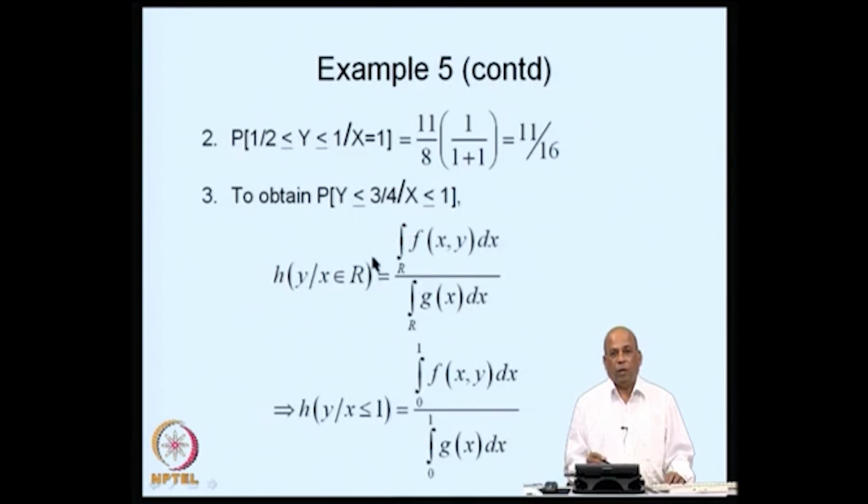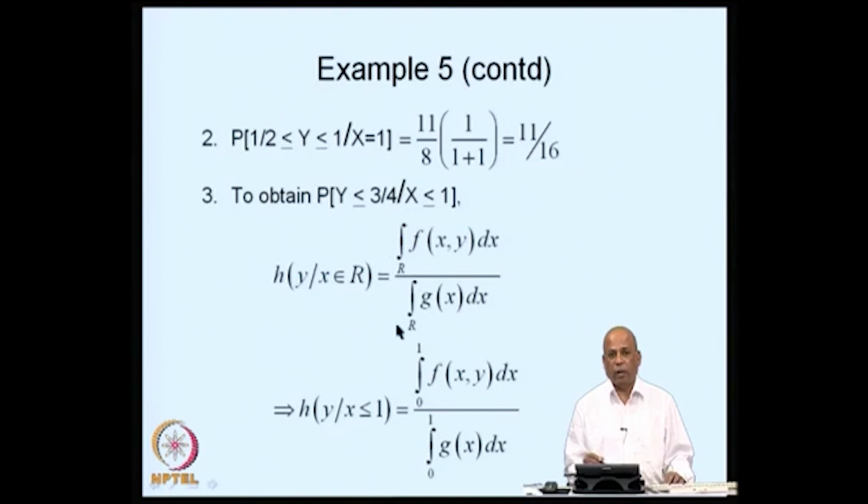Now, we move on to the next type of problem where x, instead of taking a specific value as it did in the previous example, takes values in a certain region: the condition is x less than or equal to 1. Then by definition we integrate the joint PDF over that particular region.